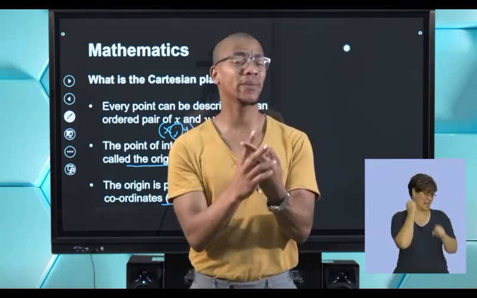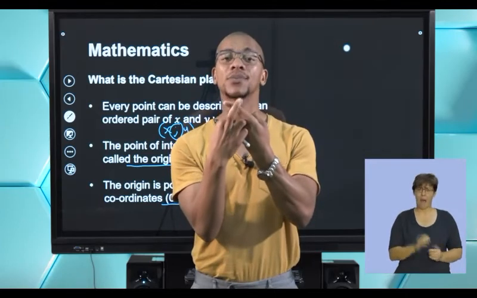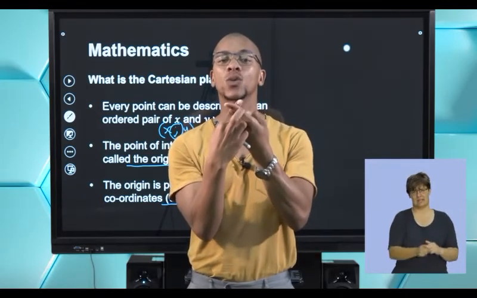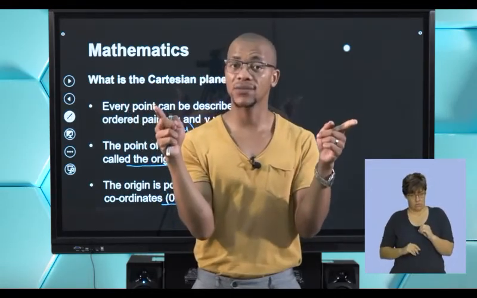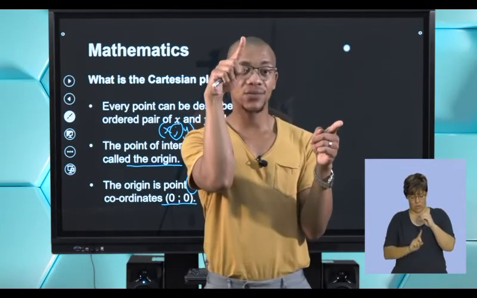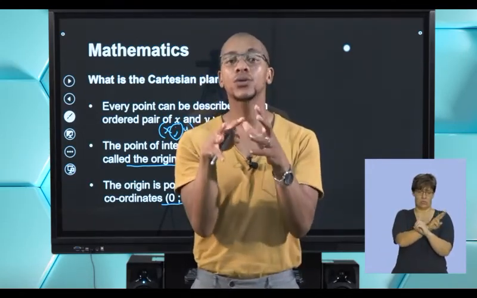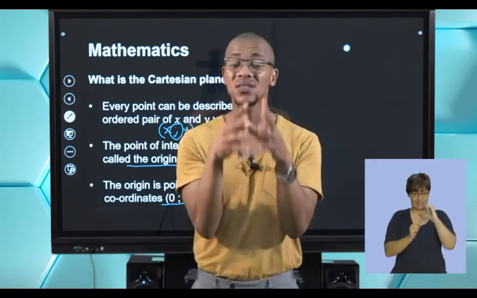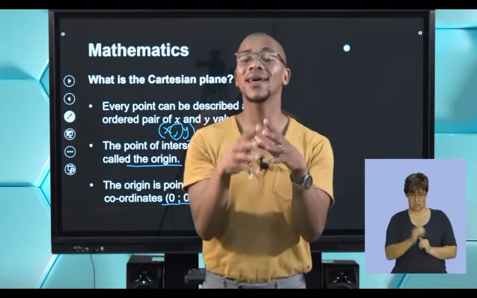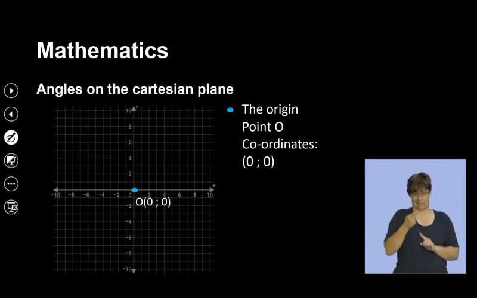That will never be the case, because if you're saying this is the origin, it must always be 0 and 0, because that's where the numbers start from 0, either going to the positive x values or the negative x values, going to the positive y values or the negative y values. So you need to make sure that the coordinates of the origin are always 0 and 0.